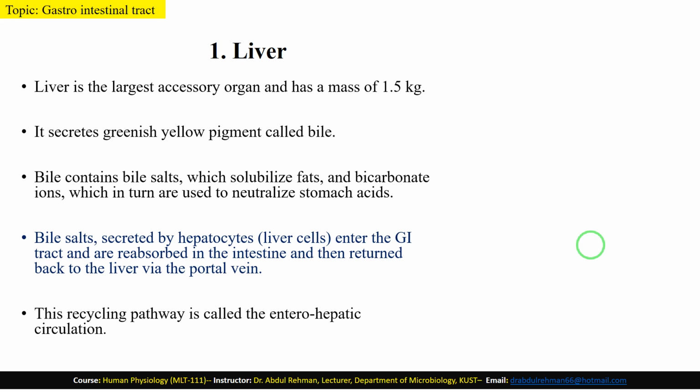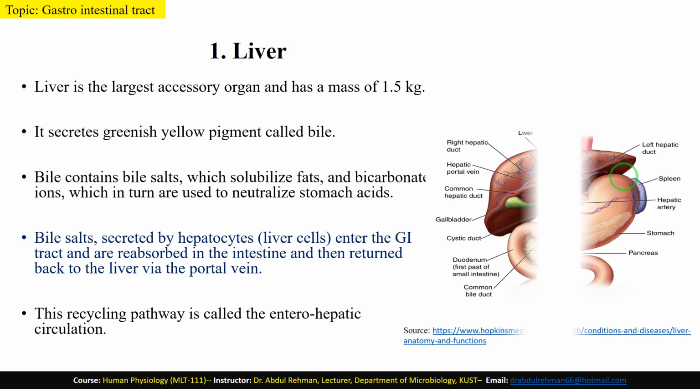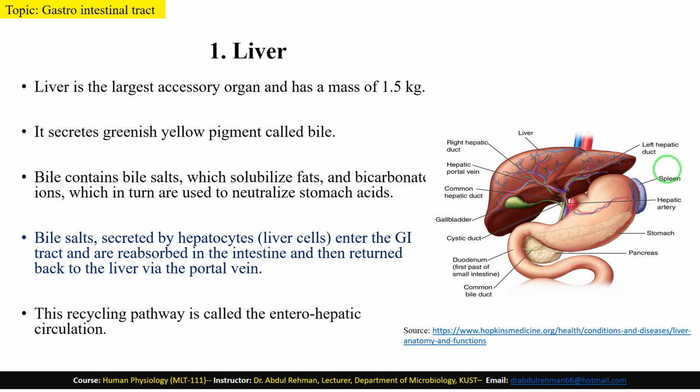In this case, the liver secretes bile into the intestinal tract, where it neutralizes the fat present within food, and after this the bile is reabsorbed in the intestine and returned to the liver via the portal vein. So this is a natural mechanism taking place within the human GIT system.